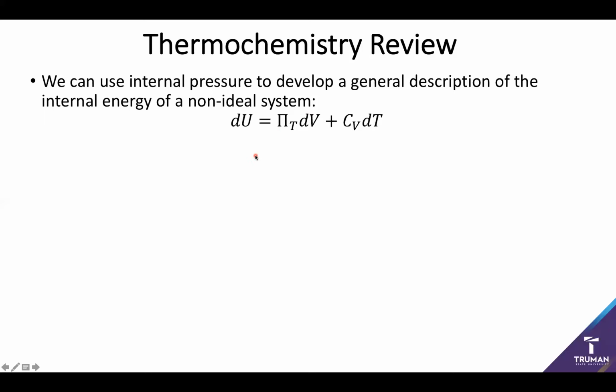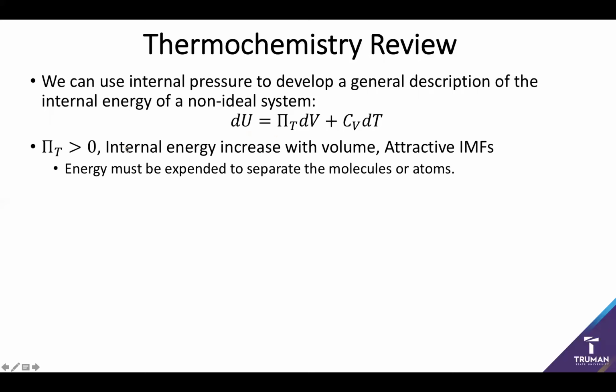So what we see here, as we can logic this out, is if my internal pressure is greater than 0, all this is telling me is that as my volume increases, so will my internal energy.